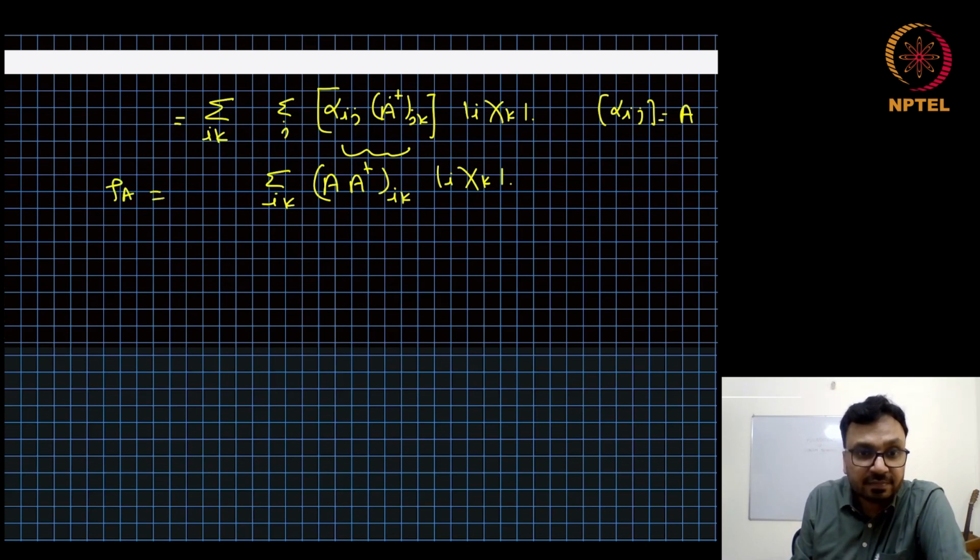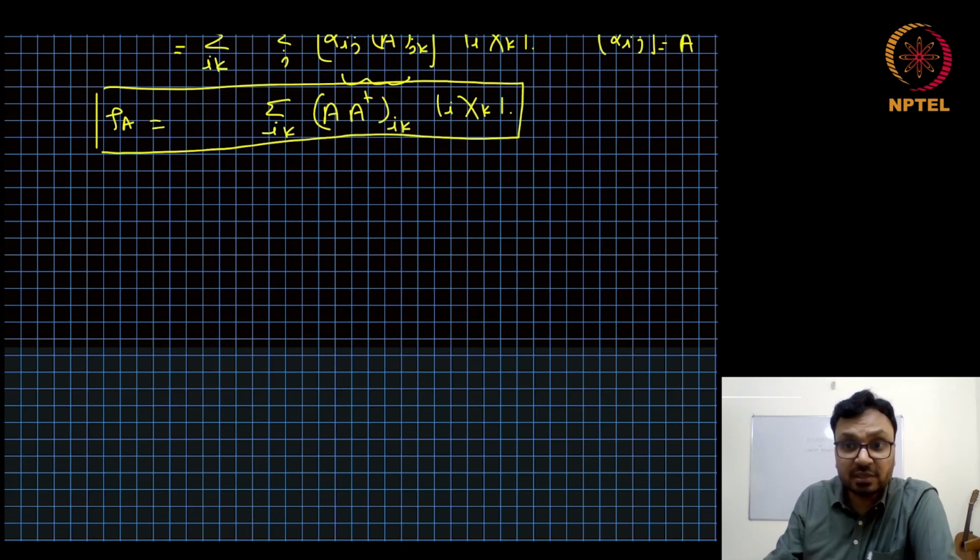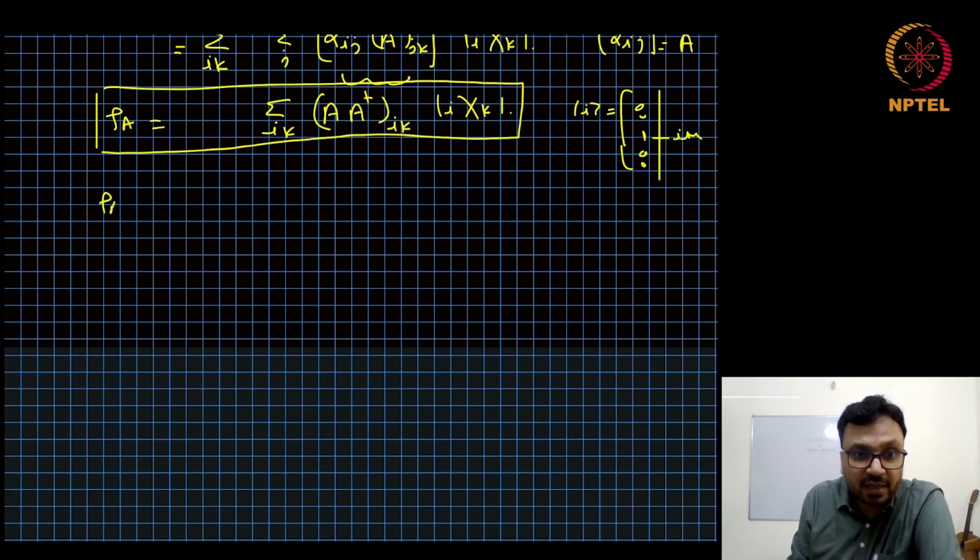So our rho A is given by this expression. Since I and K are computational basis, 0, 0, and 1 at ith place and everywhere else 0, rho A is the same as A times A dagger when written in the computational basis.